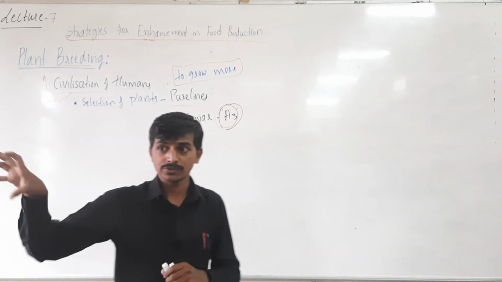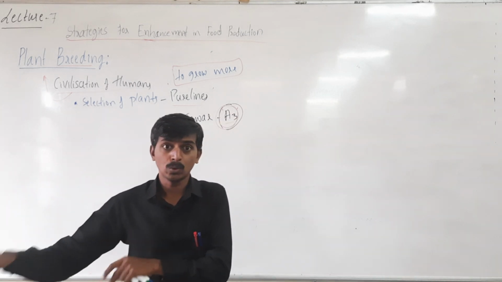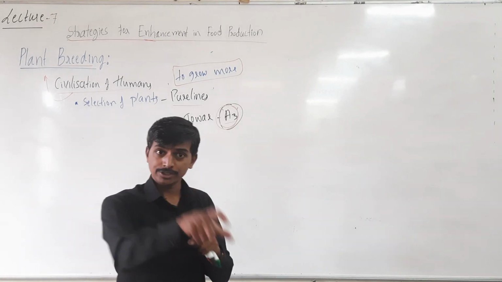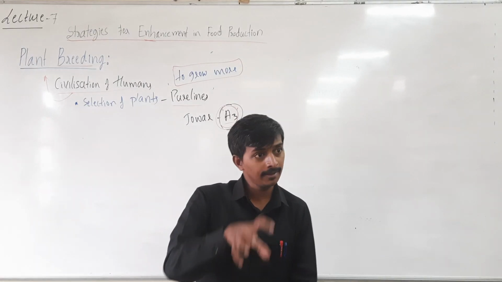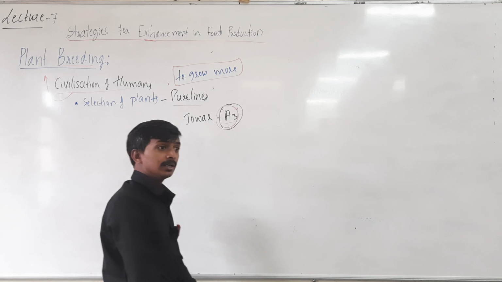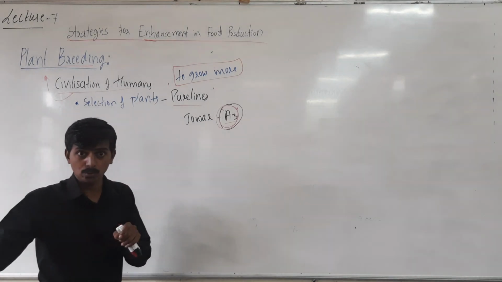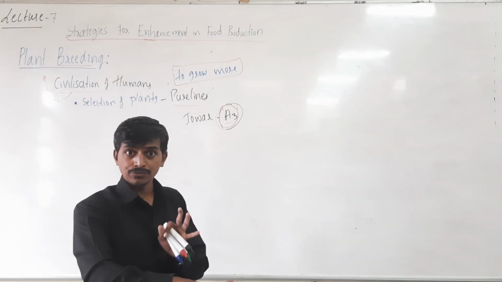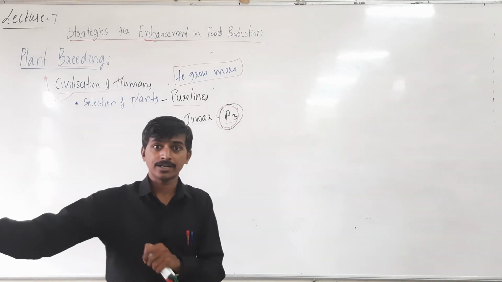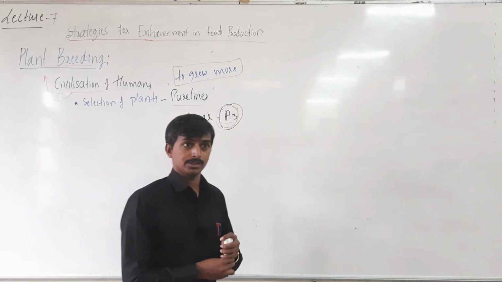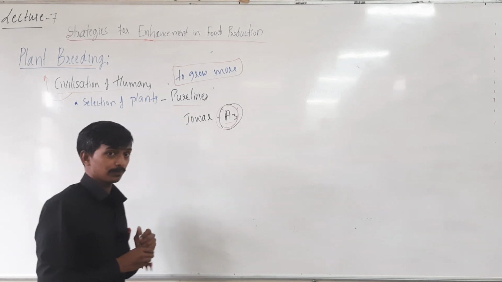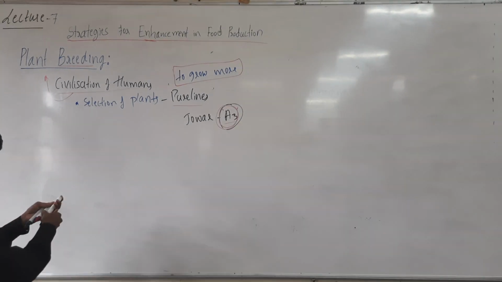This variety of this plant is giving more yield, collected. Like that, they started collecting and selecting. First select: this is good, this is bad. Whichever they felt good, they collected from various places. That's the main step.